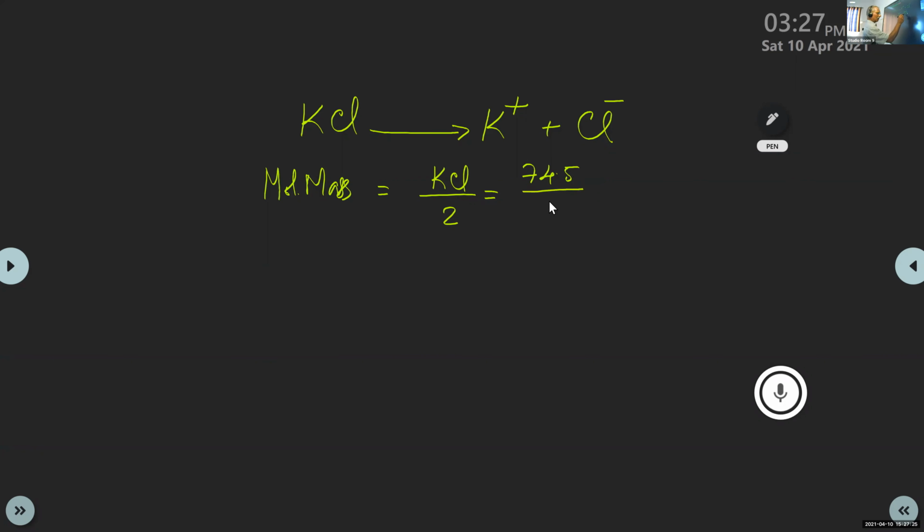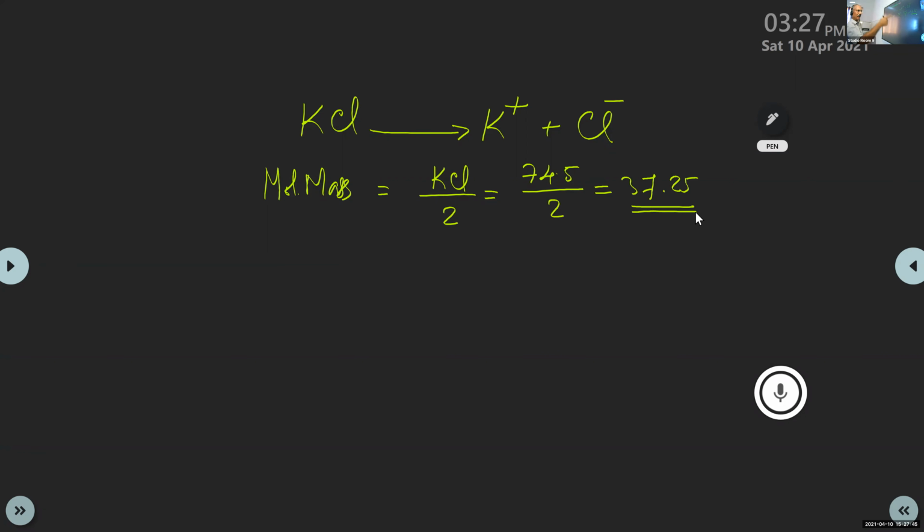Then by 2, that will be the experimental molecular mass. And it is almost half only, 37.25 approximately. That is the calculated molecular mass.